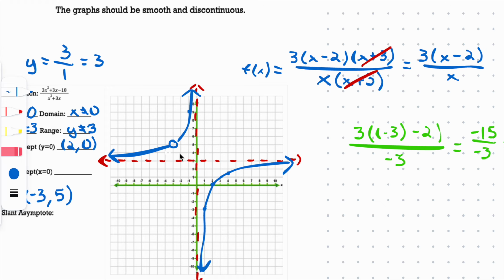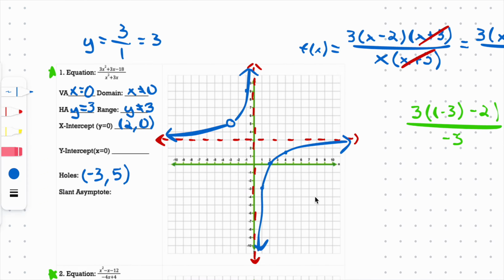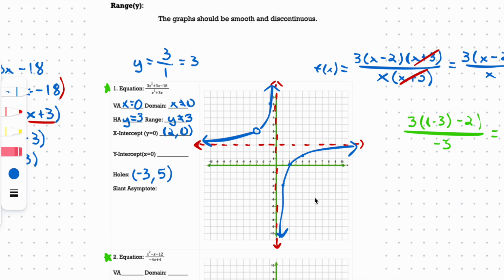Okay, with that hole at negative 3, 5, right? Because we're still graphing this function. It just can simplify it to this, but we still have to include this information because x plus 3 still provides valuable information. And that it tells us that we have a hole right there. Okay, so our graph is going to essentially look like this.